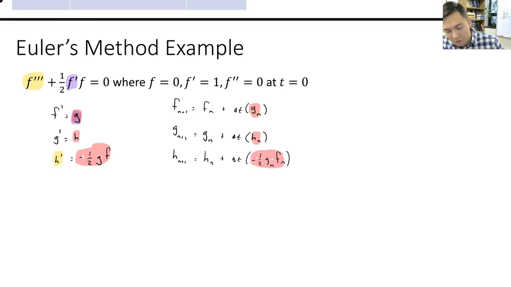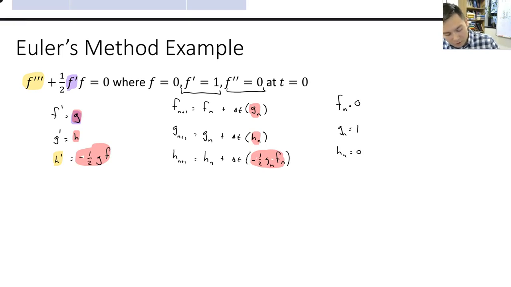So let's say we wanted to take one step. Well, if f_n is equal to 0 at first, g_n would be equal to 1 coming from our initial condition, and h_n is equal to 0 coming from this initial condition.